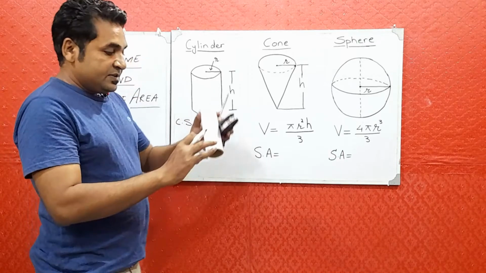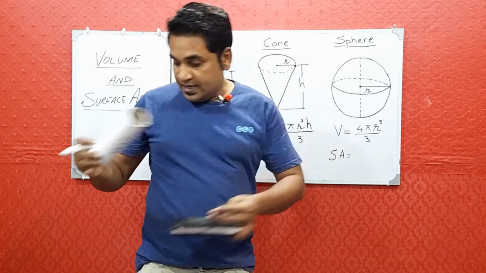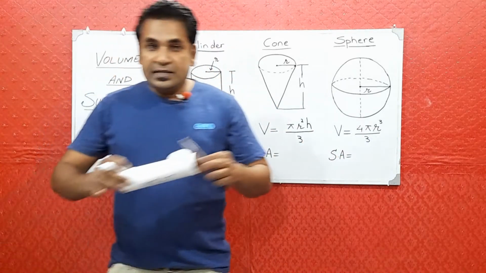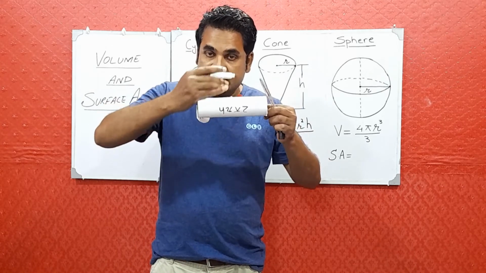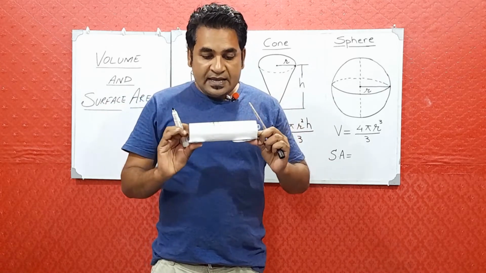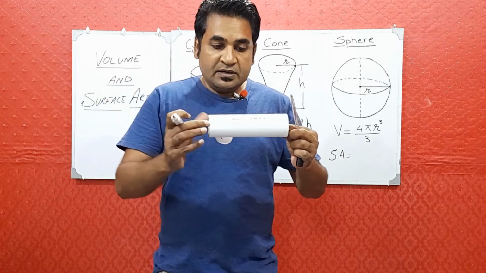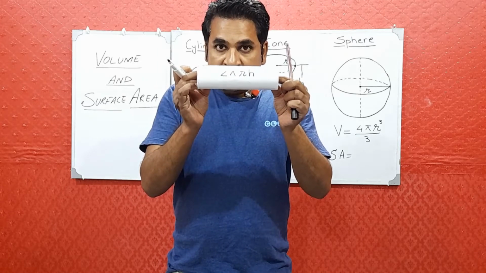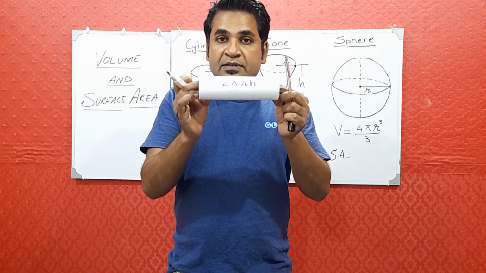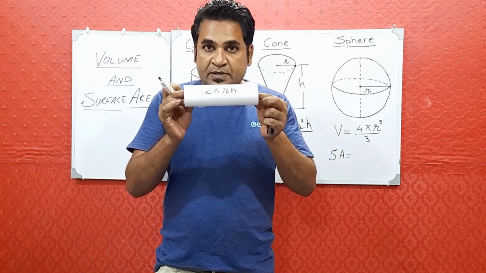The curved surface area means that it is open from both ends, and we are just considering the area of this curved surface, and I have also written it on this cover. It is 2 pi r h. This is the formula to find the curved surface area. It is 2 pi r h.